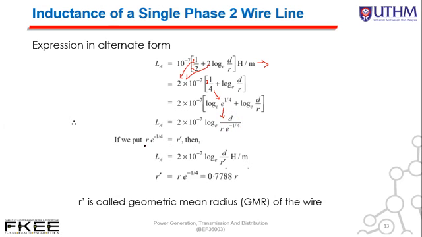If we put R e to the power of minus 1 over 4 as R prime, then we get the equation of inductance in conductor A as 2 times 10 to the power of minus 7 ln D over R prime Henry per meter, where R prime is R e to the power of minus 1 over 4, which is 0.7788 R. So this is how we got the value of R prime. And R prime is called the geometric mean radius of the wire.